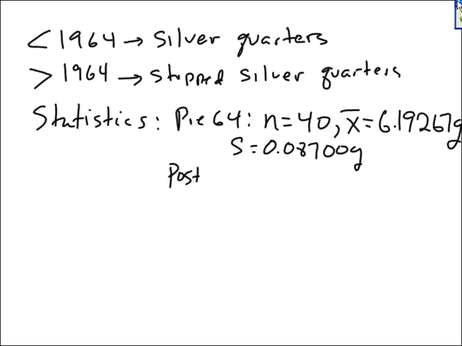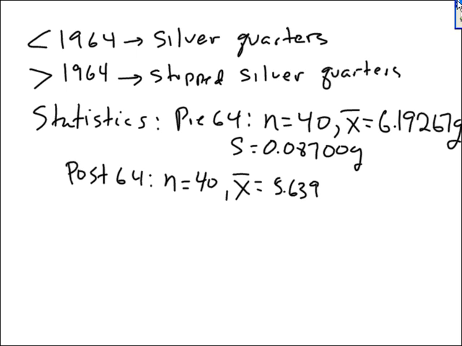Post-64, n was still 40, but the mean weight was 5.63930 with a standard deviation of 0.06194 grams.